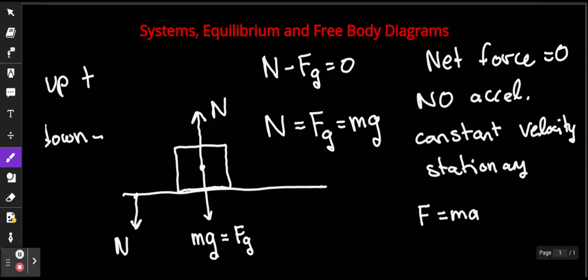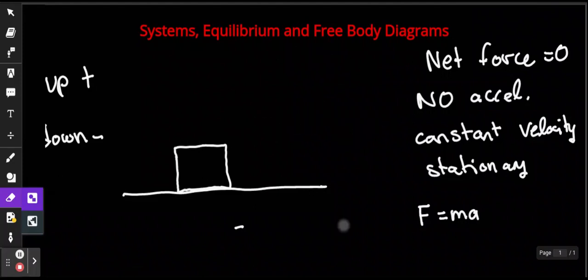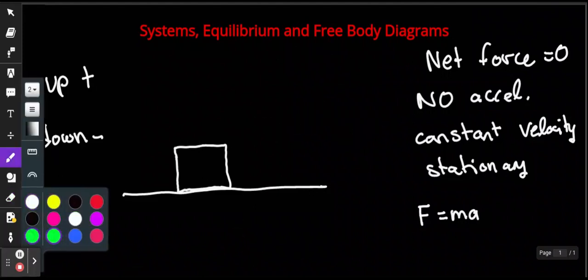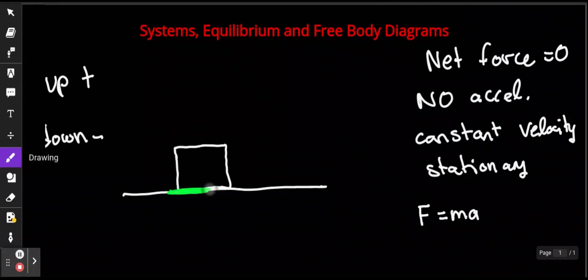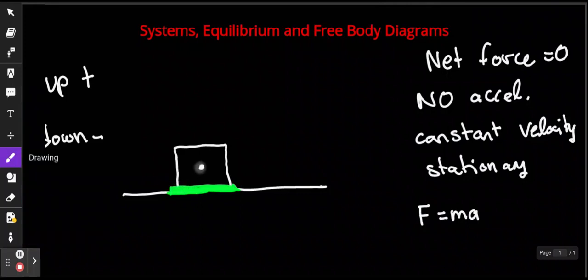So this is how a scale reads our weight. Let's draw another diagram using a scale. So I'm going to draw the green as our scale right here. And this is our center of mass.